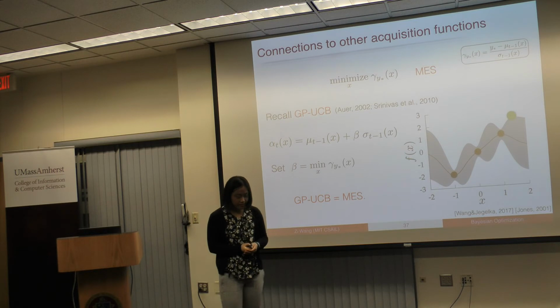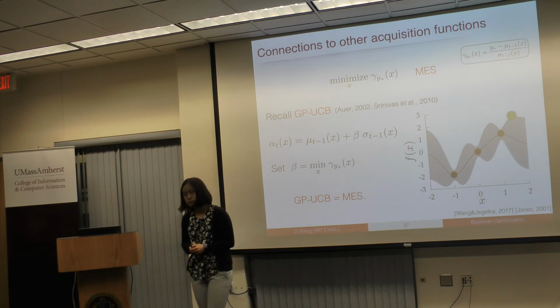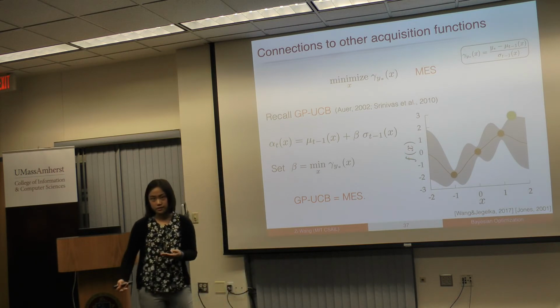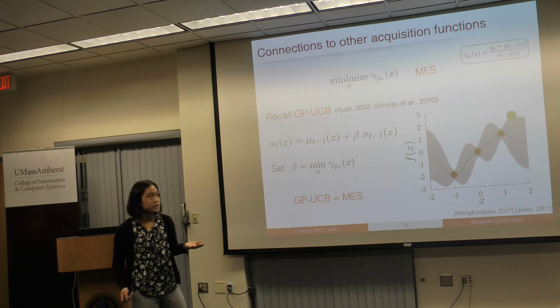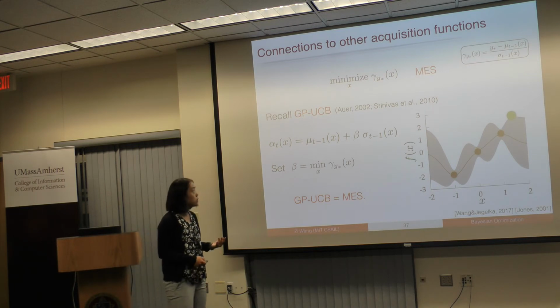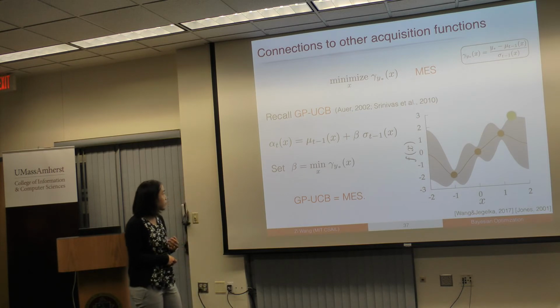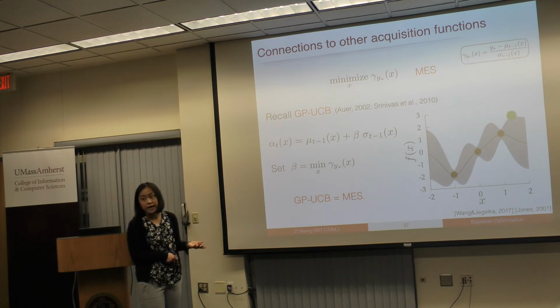So interestingly, we can also show some connection of this kind of approach to the GP-UCB approach that we've seen earlier. So what we can show is that if we set our beta parameter in the GP-UCB approach to be the minimum of the gamma y star of x, then the GP-UCB approach will arrive at the same solution as the MES approach.